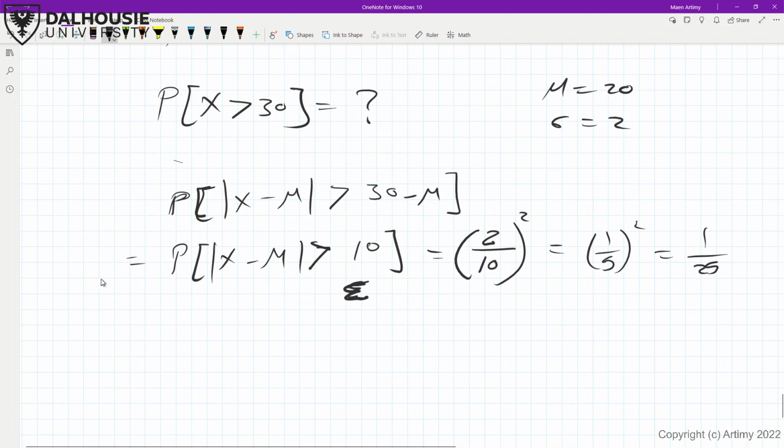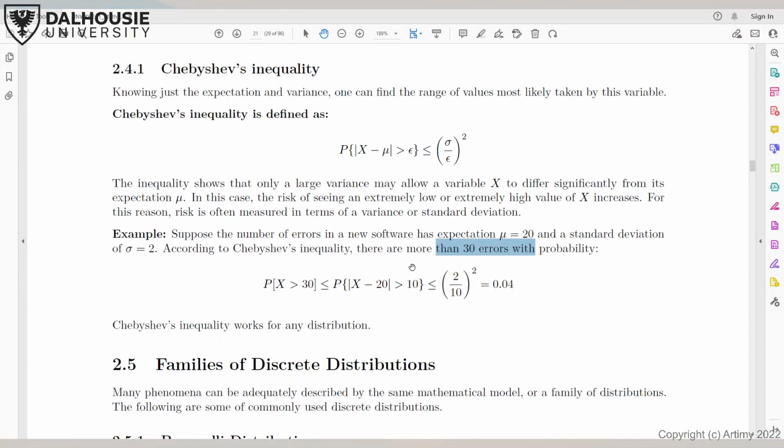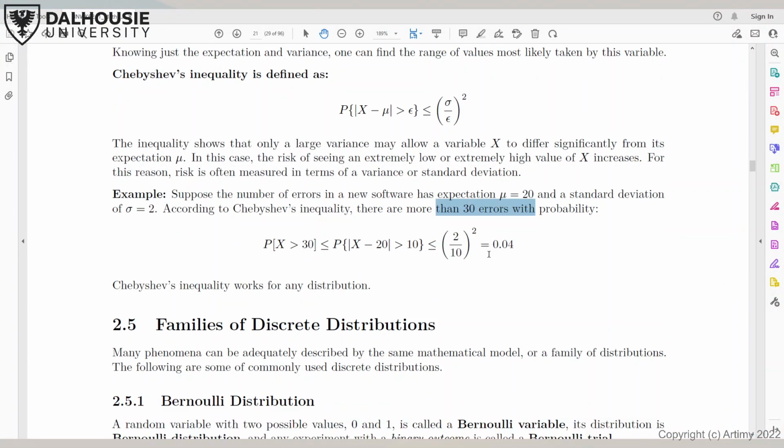So the probability of x greater than 30 is 1 over 25, which is 0.04.